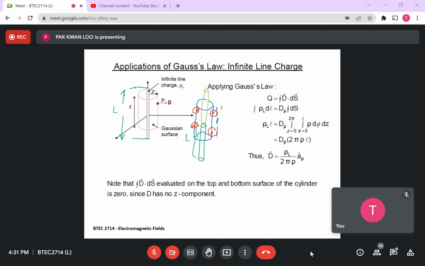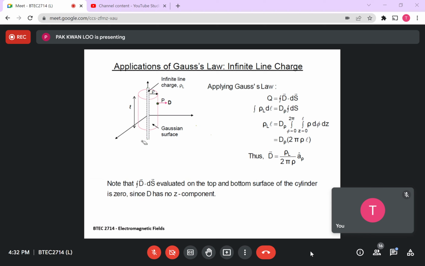So the charge distribution is going to be symmetric, because wherever you stand, it is always the same if it extends to infinity. If it's finite, then you can't. That's the reason why Gauss law has its own constraint for its application.